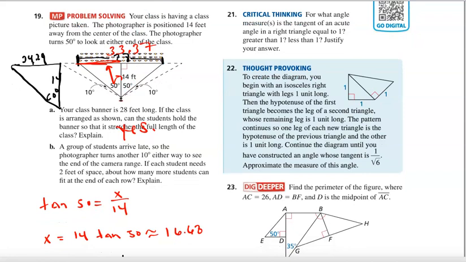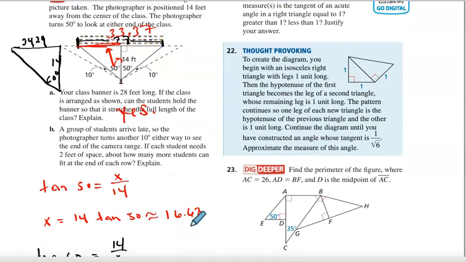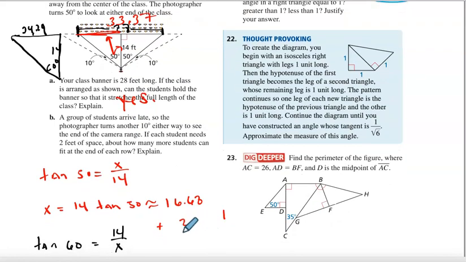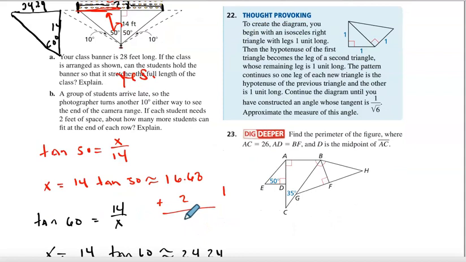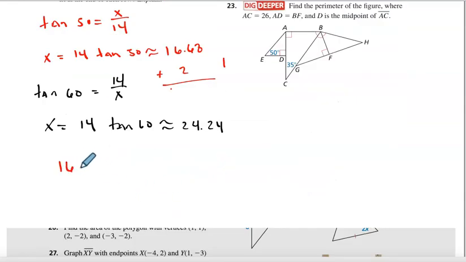So on one side, if we have 16.68, I need 2 feet for 1 student. That's 18.68 plus 2 feet, that's 20.68, plus 2 feet.